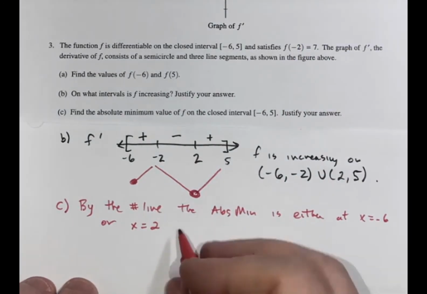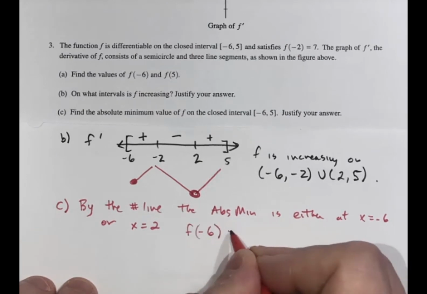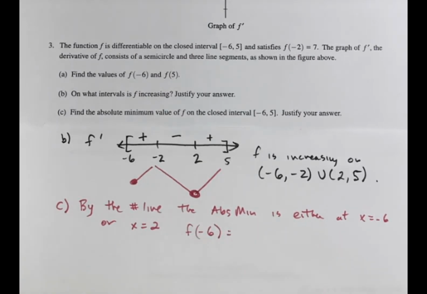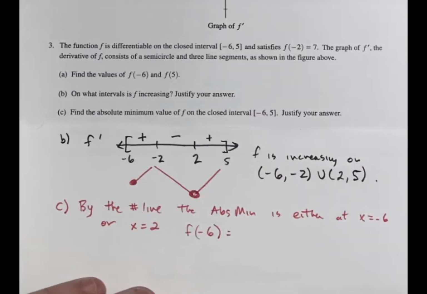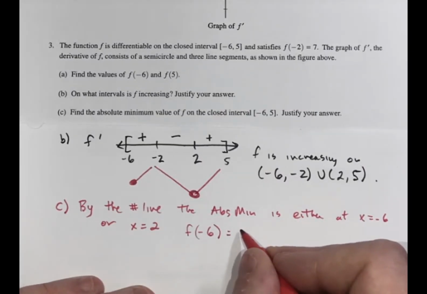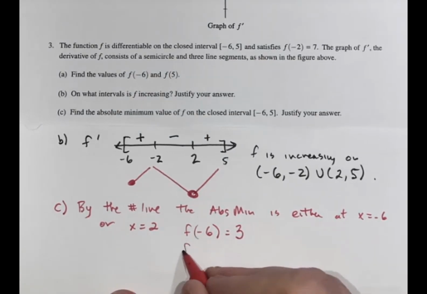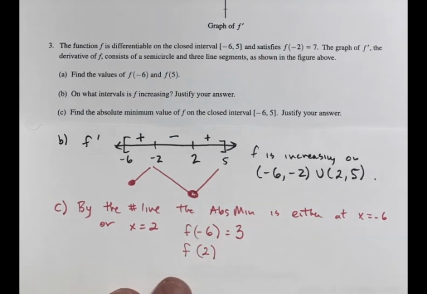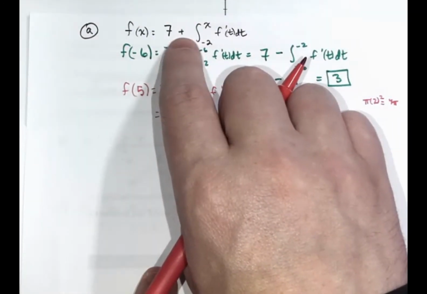Now, at x equals -6, we remember that f of -6 from part A we already calculated. F of -6 was equal to 3. So we really just have to figure out what f of 2 is. F of 2 would be found by performing this.